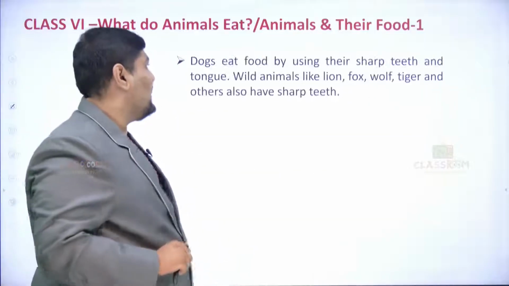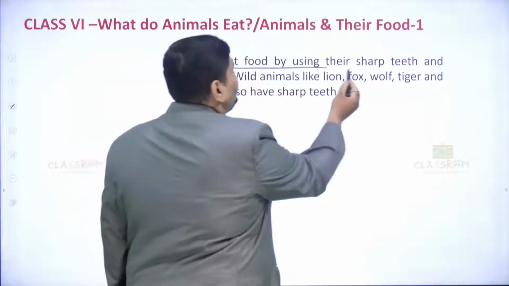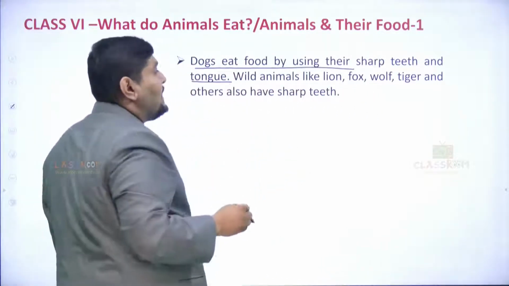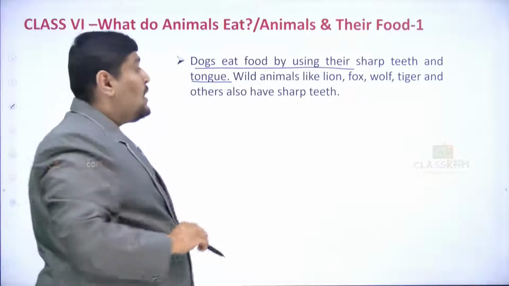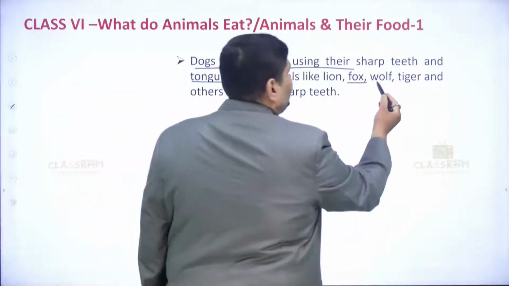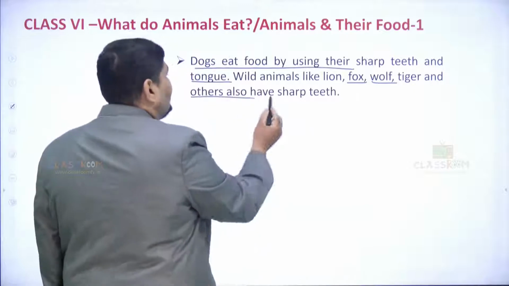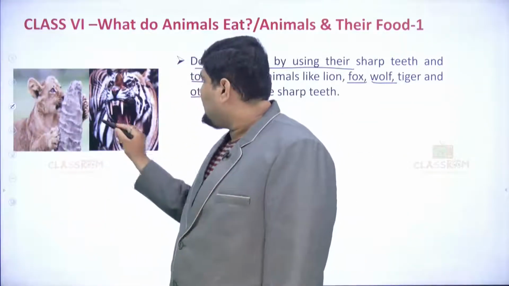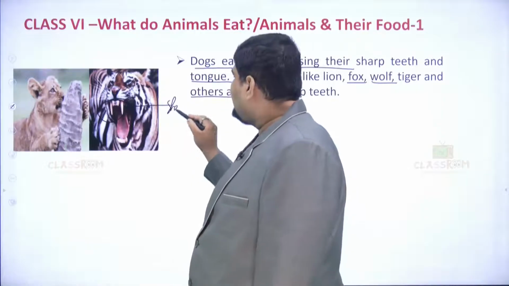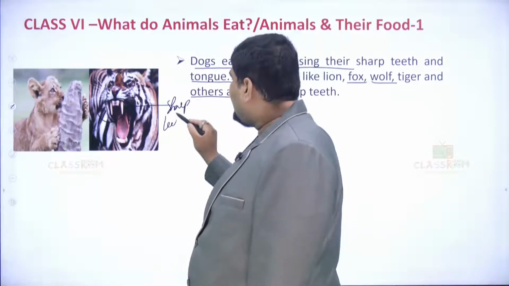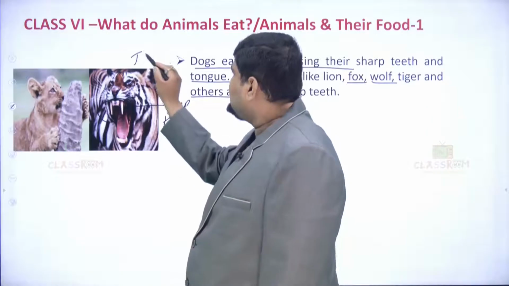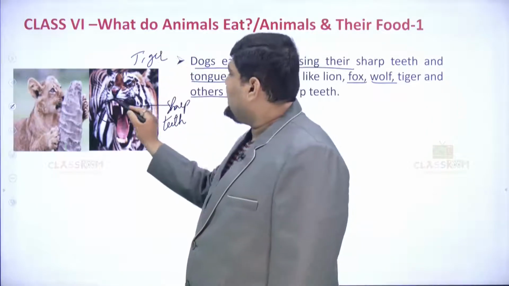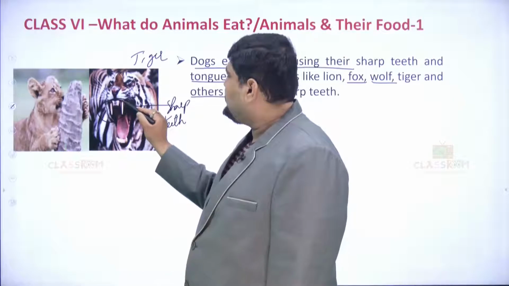Yes. The next comes the dogs, which eat food by using their sharp teeth and tongue, and even wild animals like lion, fox, wolf, tiger and others also have sharp teeth. Yes, can you see the sharp teeth? The edges, they have very sharp teeth. That's the tiger. Same thing, you can see there are two sharp jaws.